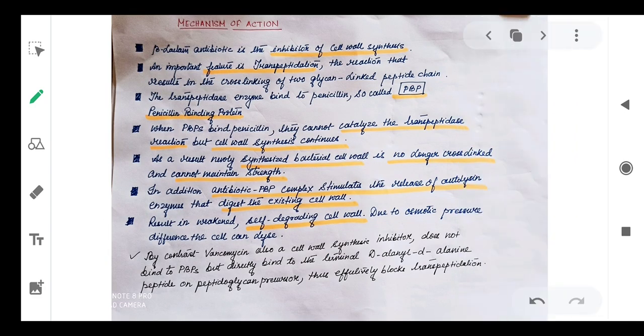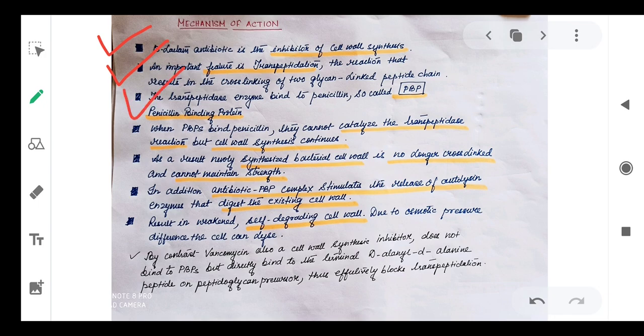A beta-lactam antibiotic is an inhibitor of cell wall synthesis. An important feature is transpeptidation, the reaction that results in the cross-linking of two glycan-linked peptide chains. I have shown you in my previous slide that there are glycan chains and there is transpeptidation between the two.